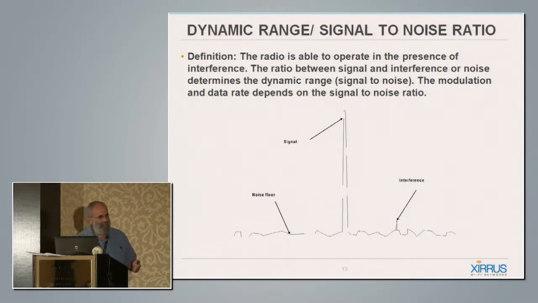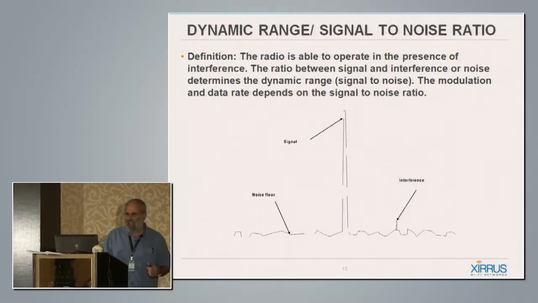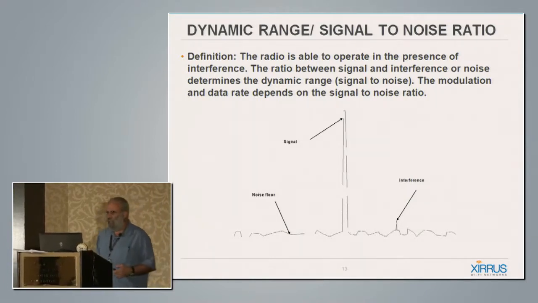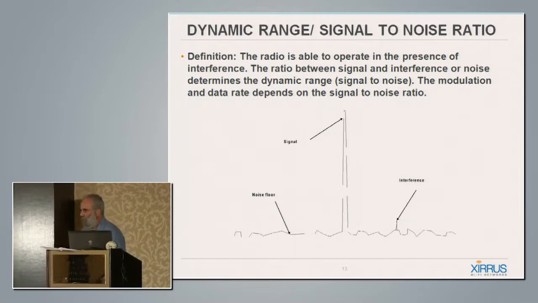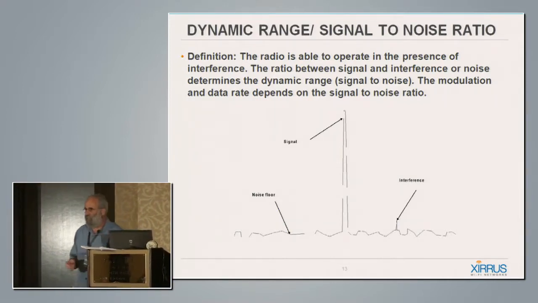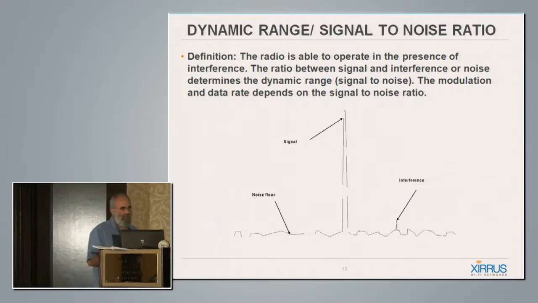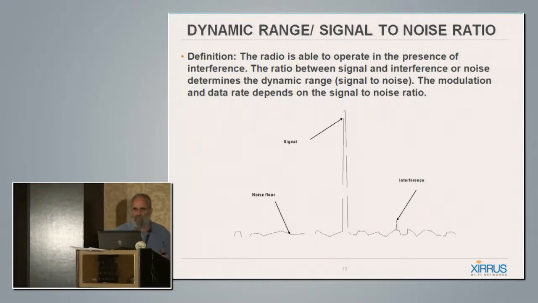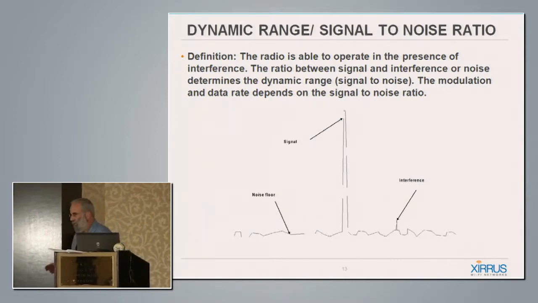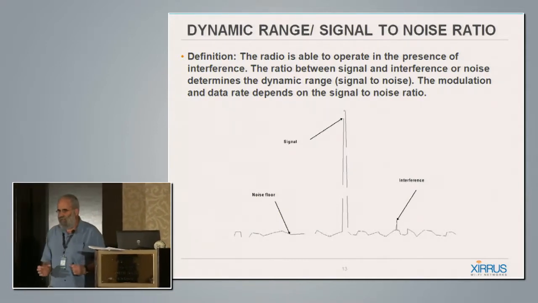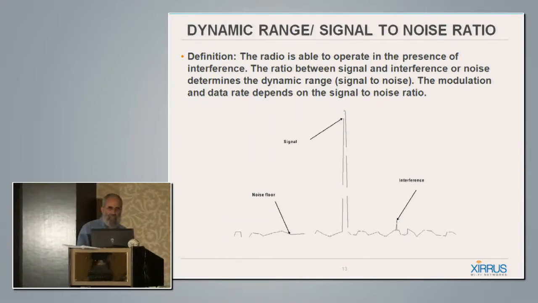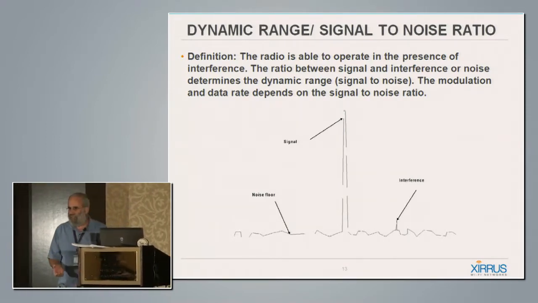Another important term that is mentioned quite a bit is signal to noise. Depending on what data rate we are trying to achieve and what modulation scheme is being used, the signal to noise differs. When we work at very low data rates and one of the low modulation schemes, the signal to noise may be less than 10 dB.